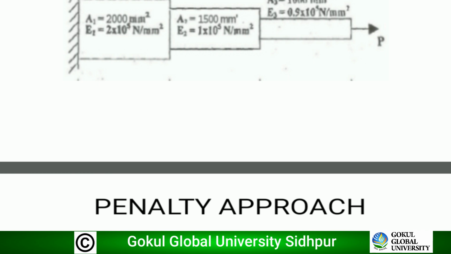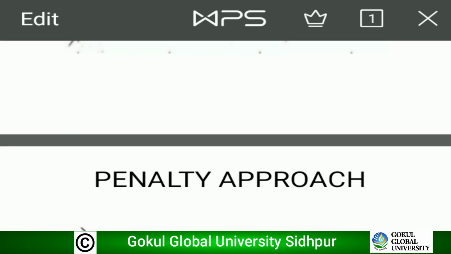C was already taken in the previous example, and Q1 is calculated from the global stiffness matrix equation. Put your values here and you can calculate R1. Node number 3 is fixed, so minus C into Q3, and you can calculate the reaction force R3.